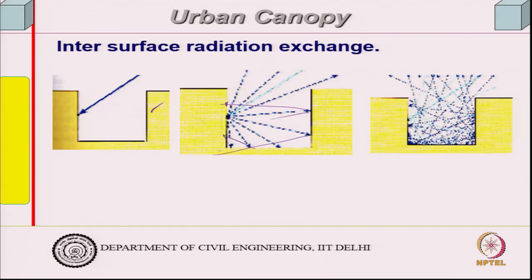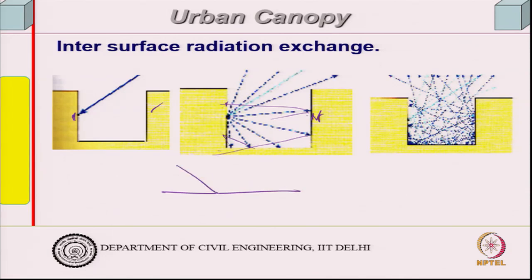So, every time it reaches here, some of it will be absorbed by this material. First directly this will absorb, and after the first reflection, at the second reflection this will absorb, and at the third reflection again, and the fourth reflection this will be absorbed. So, almost all of it gets contained in the surface.